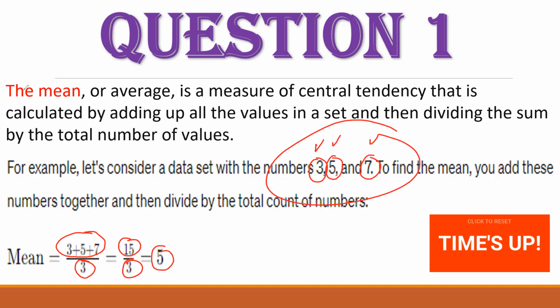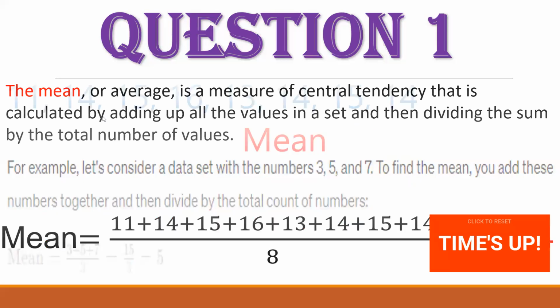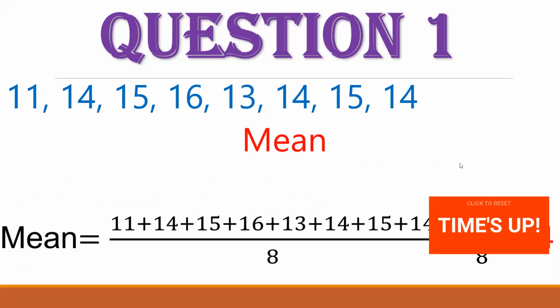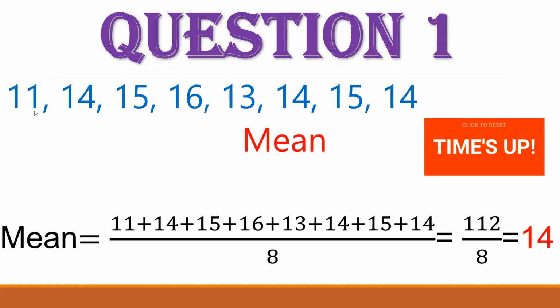So let's go back to our question and see what they ask. This is our answer for question 1. This group we have now is 11, 14, 15, 16, 13, 14, 15, and another 14. For the mean of this group, you add them all, 11 plus 14 plus 15 and so on, and divide by 8.